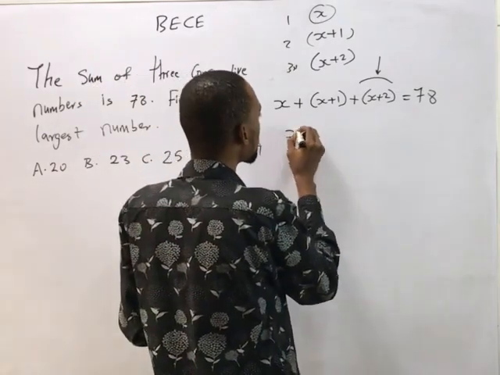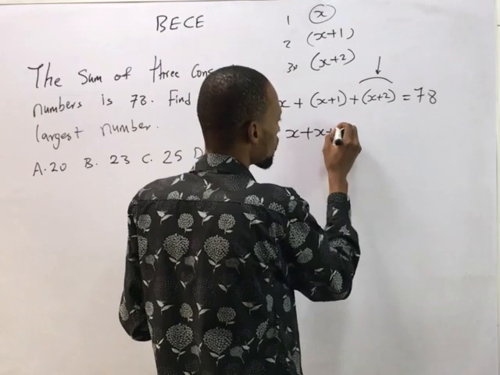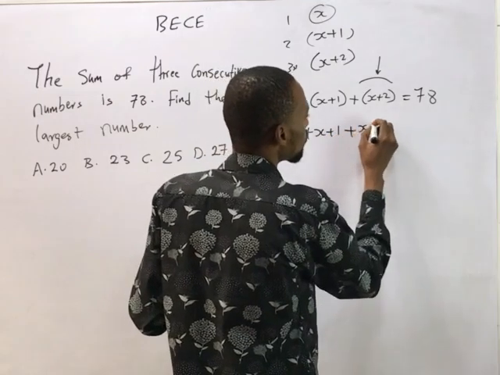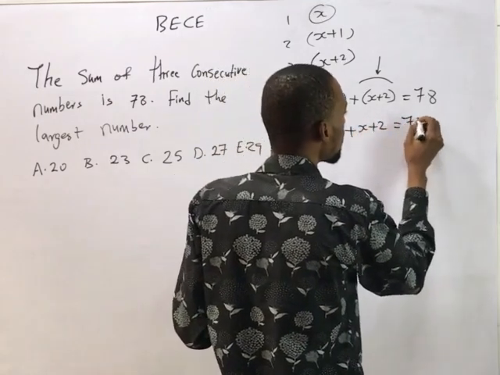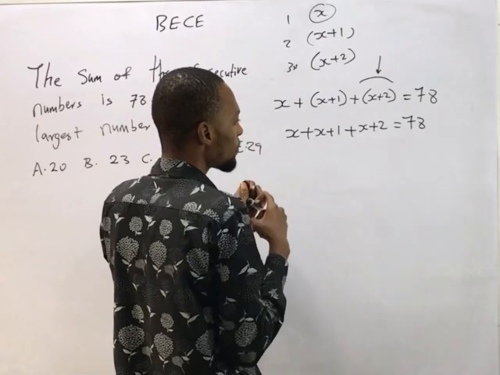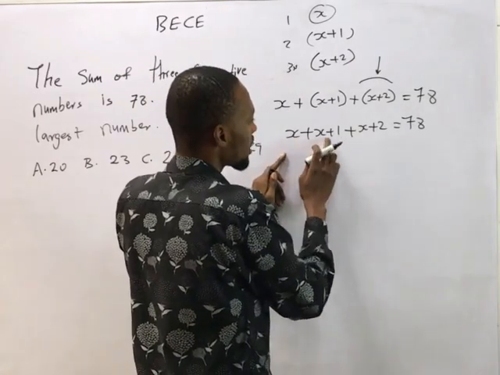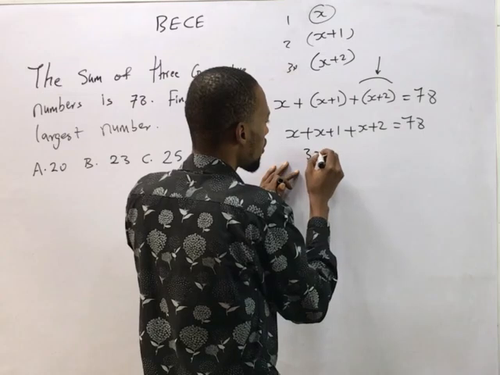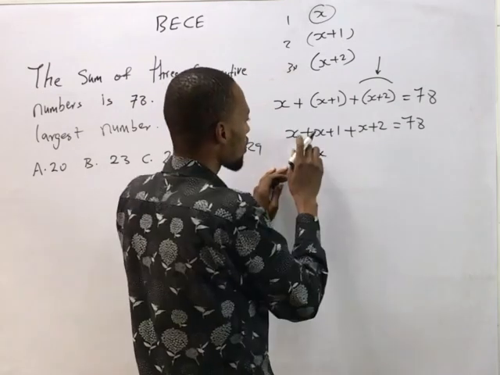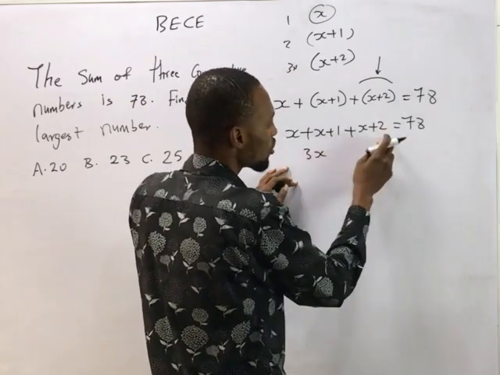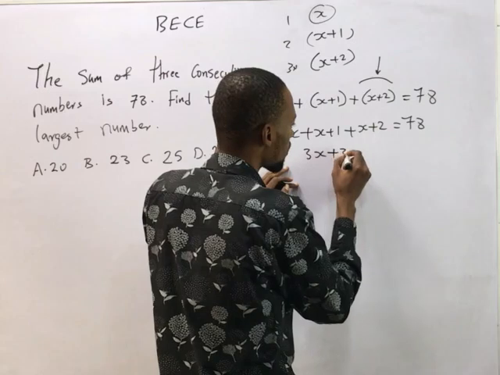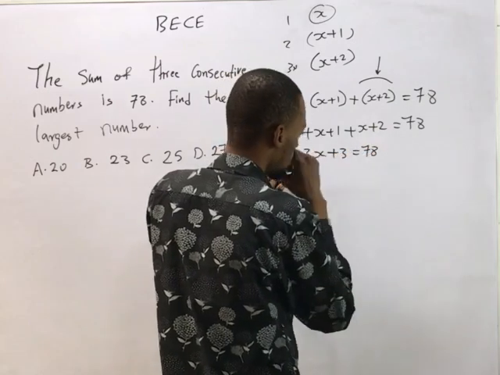So doing this is taking S plus S plus 1 plus S plus 2 equals 78. So let's add the S part. There's S here, S here, S here, and adding S plus S plus S will give you 3S, right? Then 1 plus 2 will give you 3, so 3S plus 3 is equal to 78.